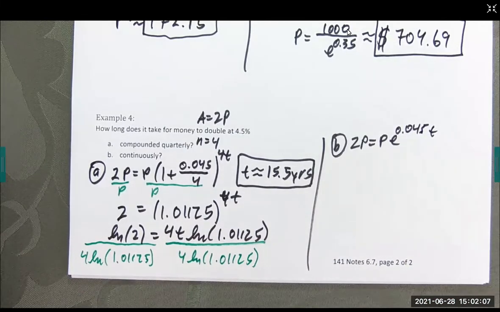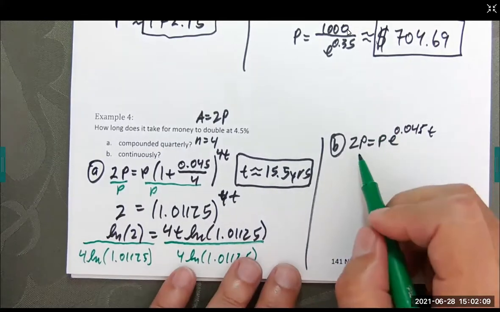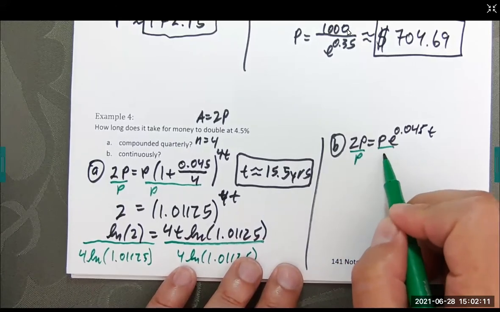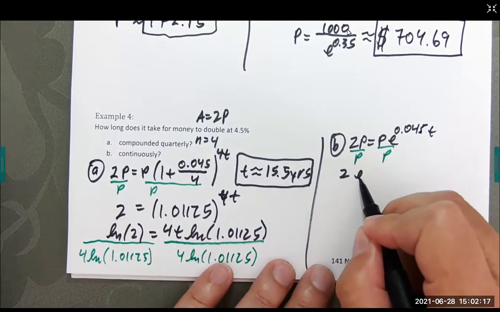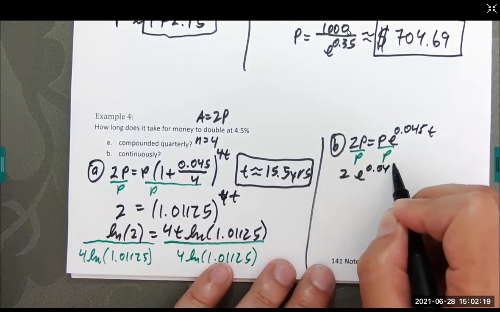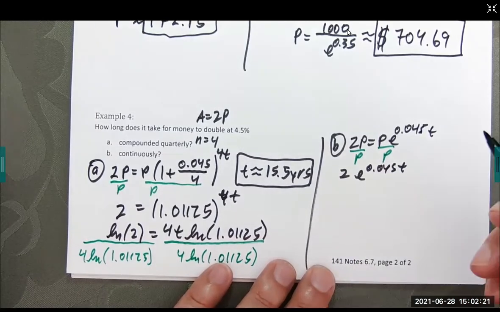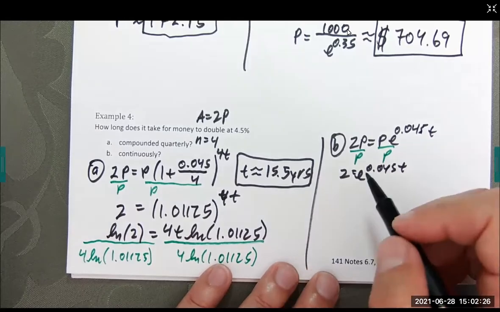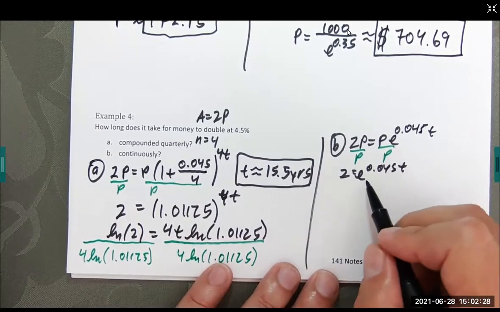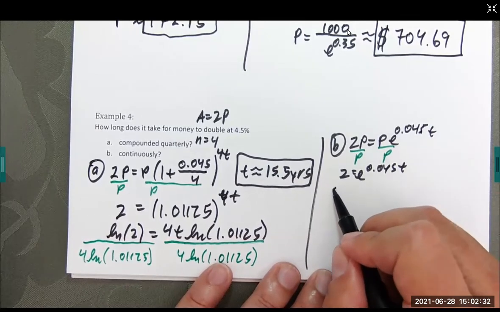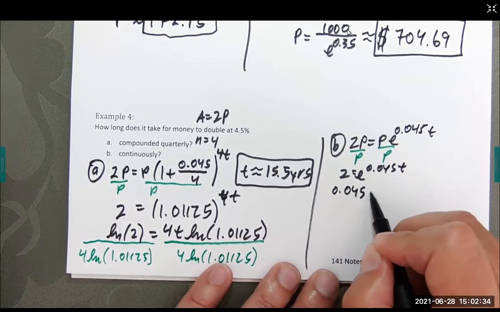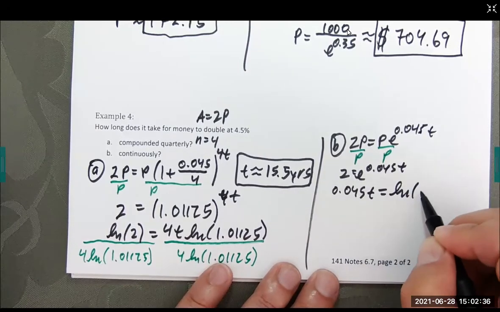Once again, the P's reduce out, meaning the initial principal is irrelevant. 2 equals e to the 0.045t power. And I'm going to convert this into logarithmic form. e is already here, so I'm obviously going to use ln. So this becomes 0.045t equals the ln of 2.